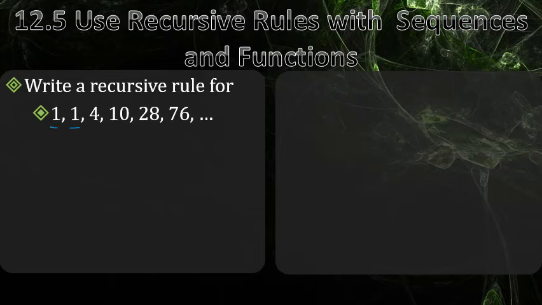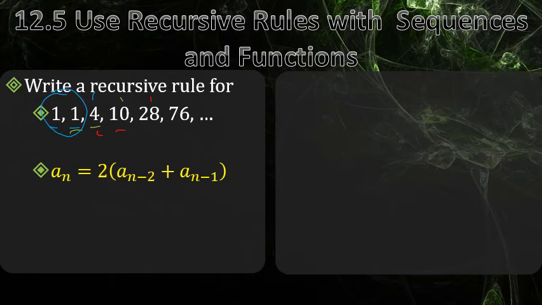And 2 times 2 is 4. What's 1 plus 4? 5 times 2 is 10. What's 4 plus 10? 14 times 2 is 28. So I think I've got it. I take two numbers, add them together, and multiply by 2 to get the next one.